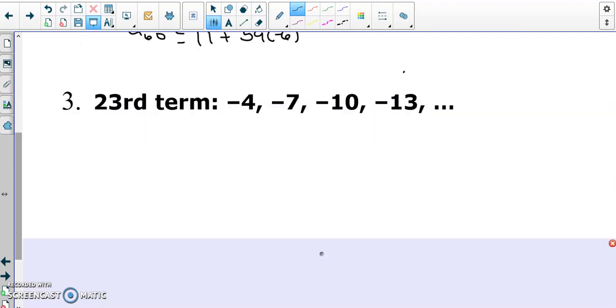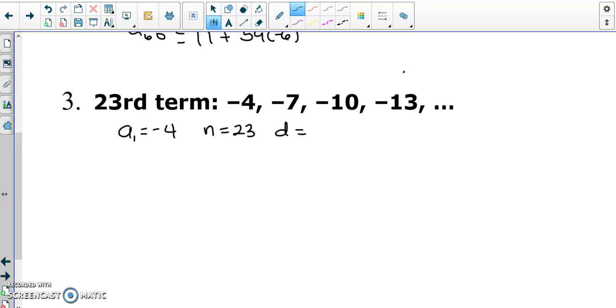All right, third one, 23rd term. Okay, what is my d value? My first term is negative 4. My n is 23. My d is what it goes up or down by. Now, is that one going up or down? It's going down. Negative 3.